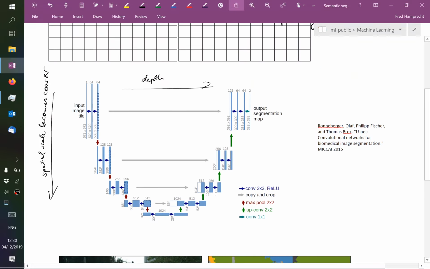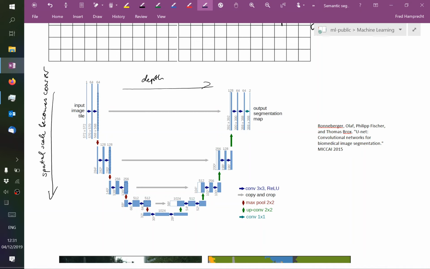Good. Now, we want to have an output which has similar spatial resolution as the input, and hence you see that there is what Manuel mentioned earlier. There's now this upscaling, or here in the legend it's called up convolution operation, where from stage to stage the spatial resolution is being increased.